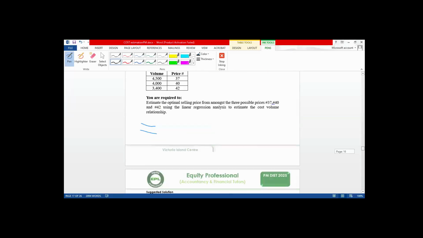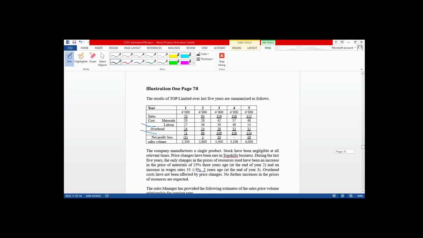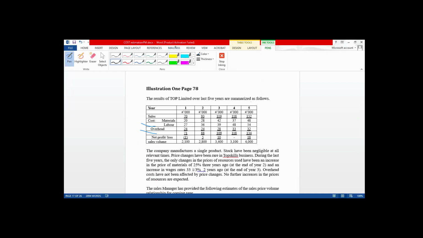Go to year 3. 48, increase by 33.13%. 52,000.